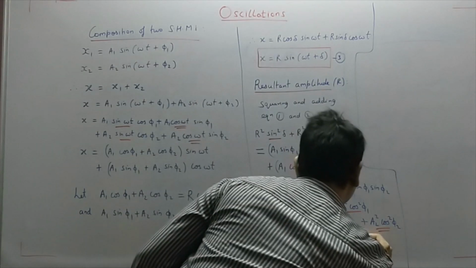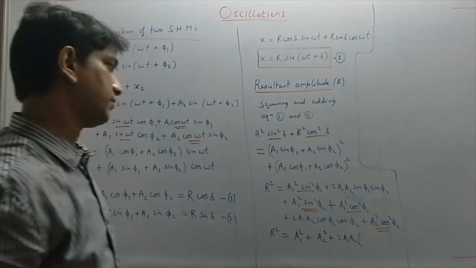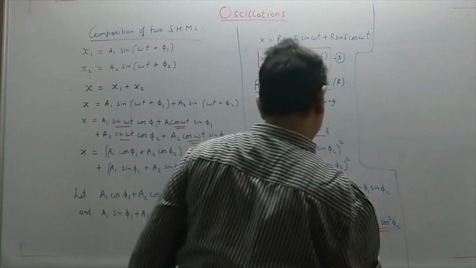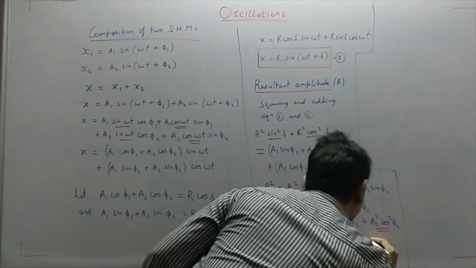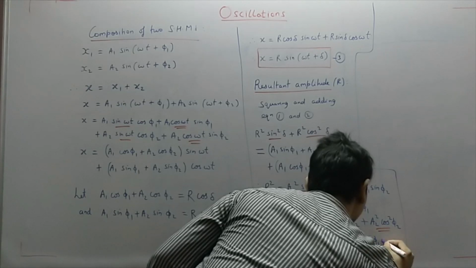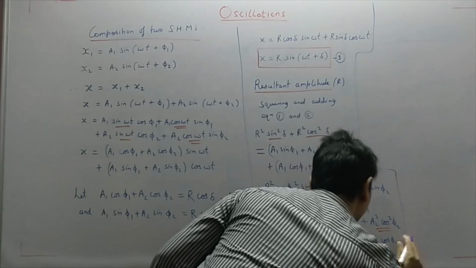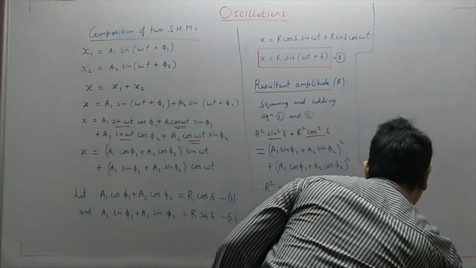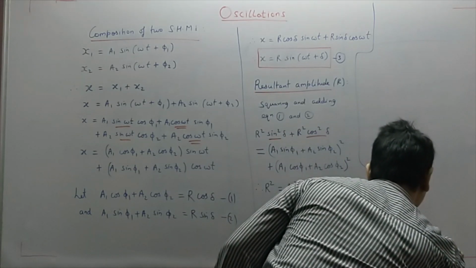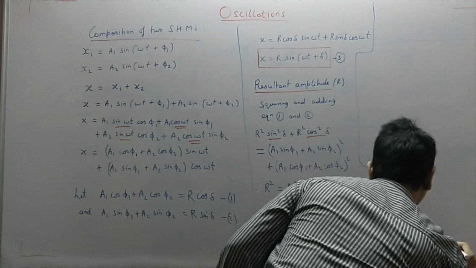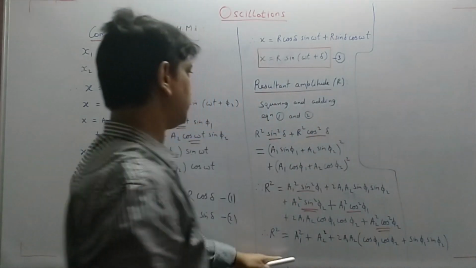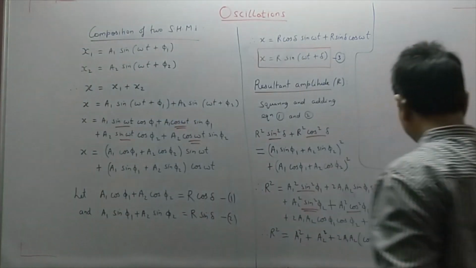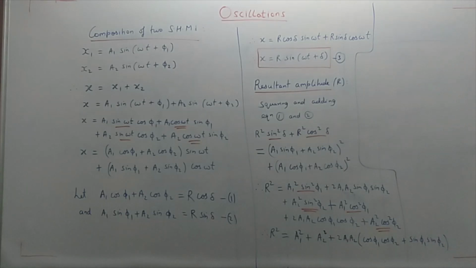In the bracket we write cos A cos B. First we'll write this cos phi 1 cos phi 2 plus we write sin of phi 1 sin of phi 2. Solving it, we have seen.